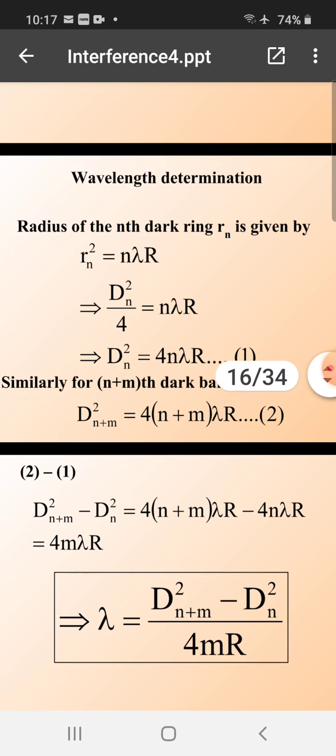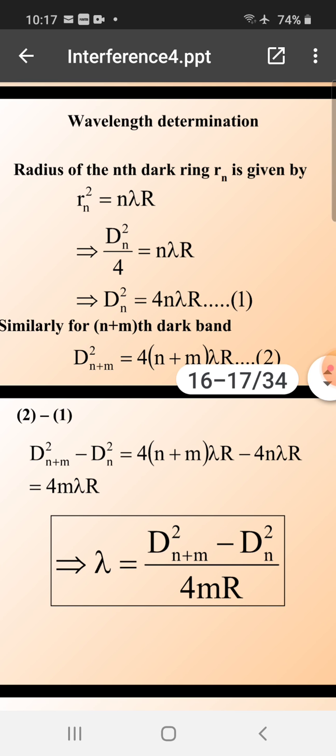Now, how do we calculate? What is the first application of Newton's rings? This is wavelength determination of the source of light. So, how do we calculate that? Let us take the radius of nth dark fringe, which is given by Rn square equal to n lambda r, or dn square upon 4 is equal to n lambda r, or dn square is equal to 4n lambda r.